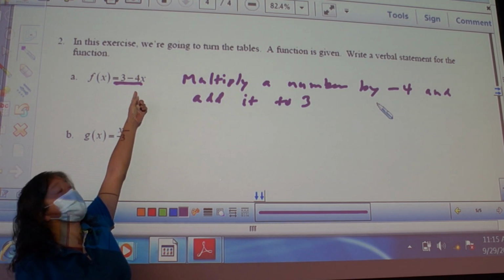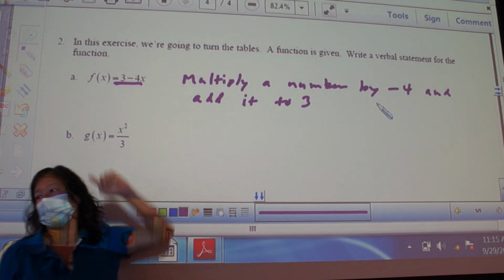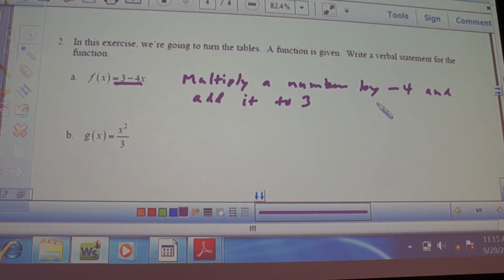So this is -4x. Once I multiply it by -4, then all of a sudden I have -4x at that point. And then I'm going to add it to 3, so then I have that.